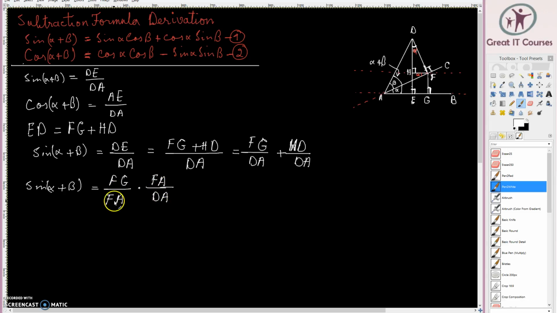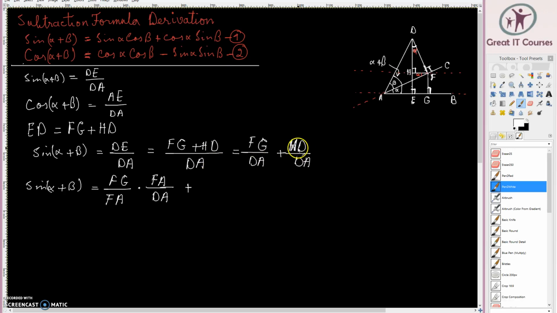So now you have multiplied and divided by FA. If you pay attention to what you got here, FA divided by DA is cos beta, and this is exactly what we needed here.